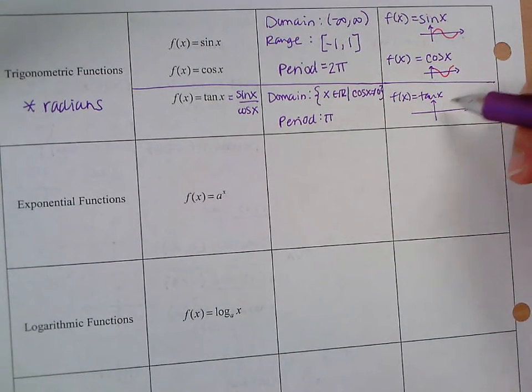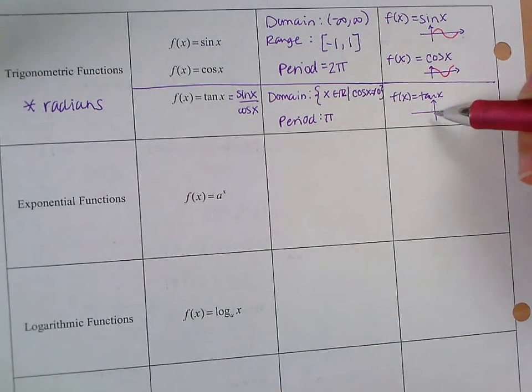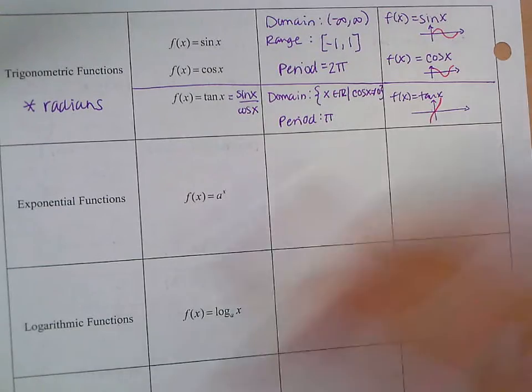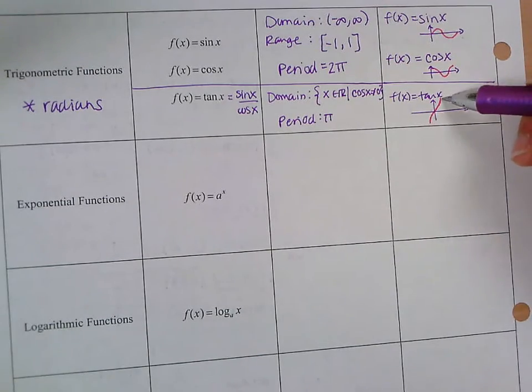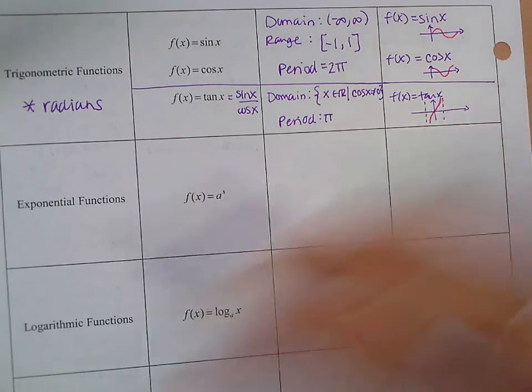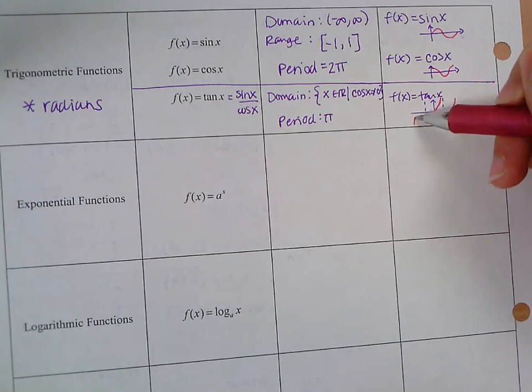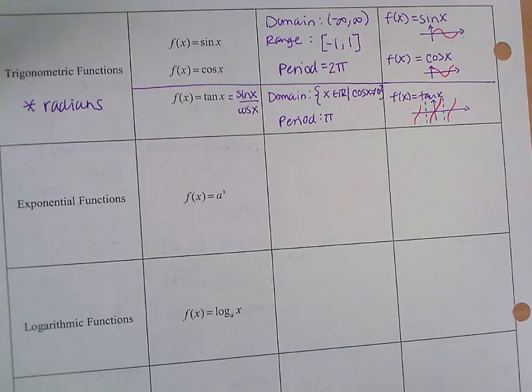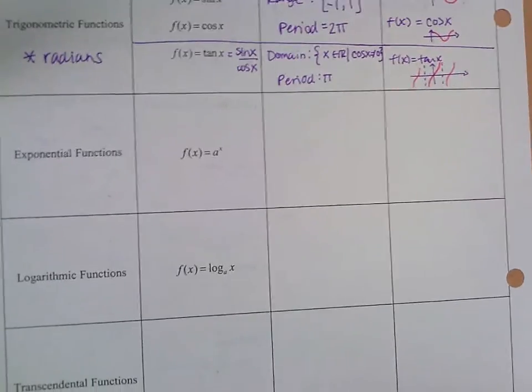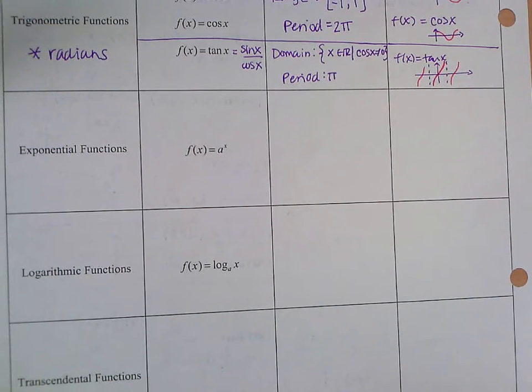So let me draw one. This is one period of tangent here, and I would have an asymptote on either side, and then you'd have another period, and so on. Just being able to recognize that, or having that basic understanding of its graph, is helpful.